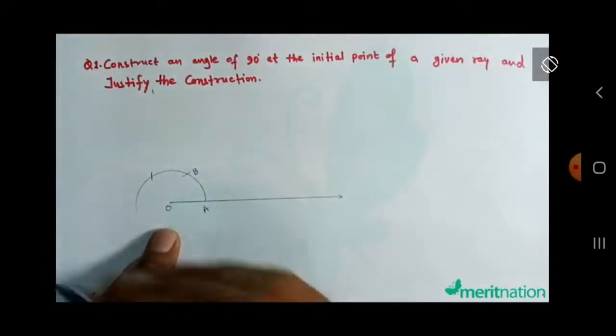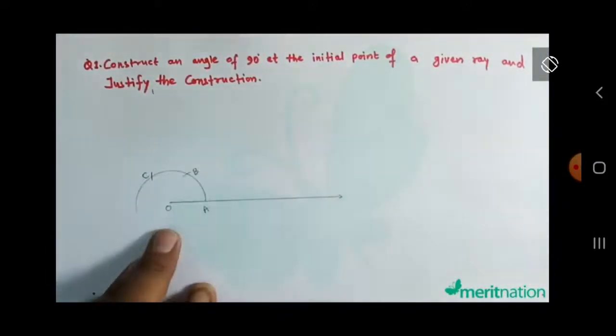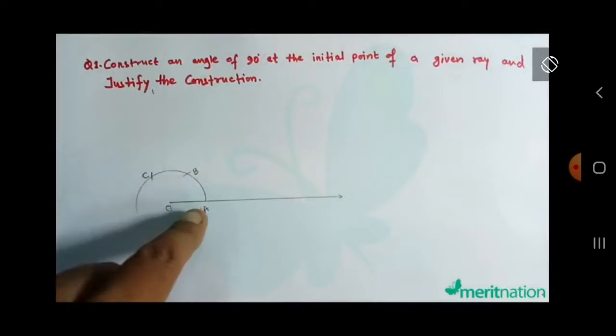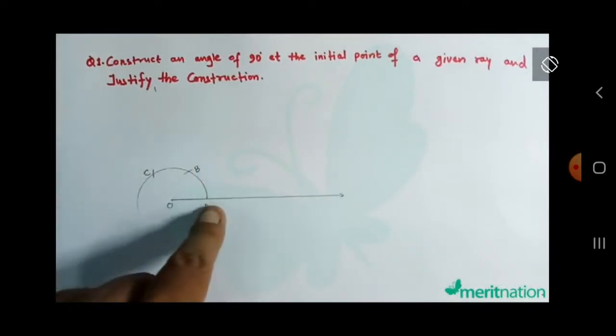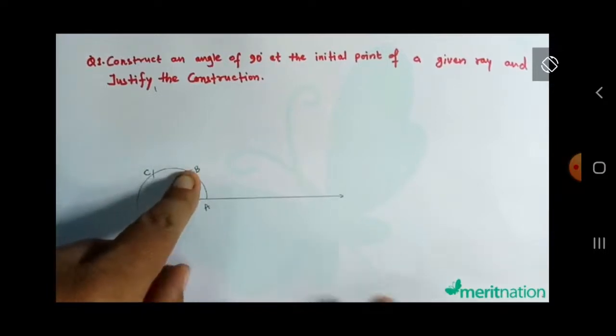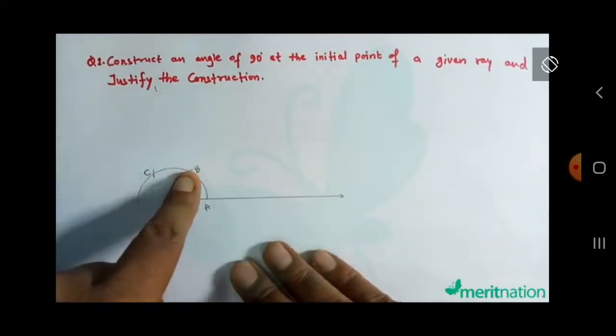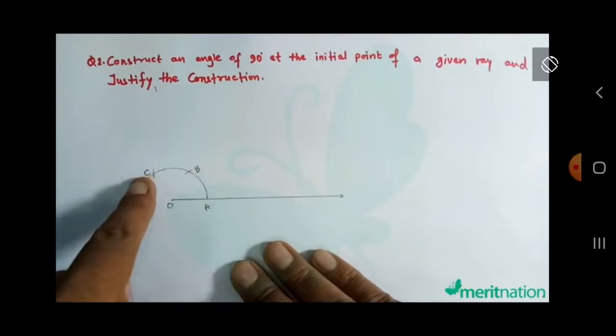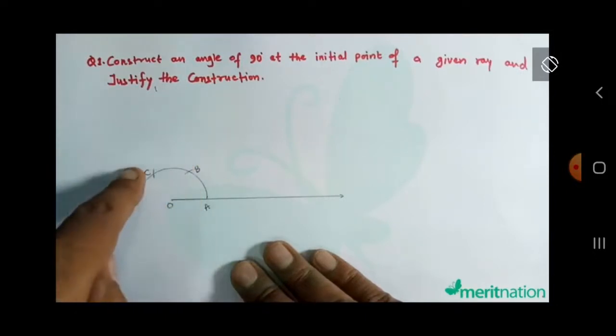This point is, suppose, C. And notice that since the chord AB is equal to the radius, the angle between A and B is equal to 60 degree. And same, the angle between B and C, that is also 60 degree.